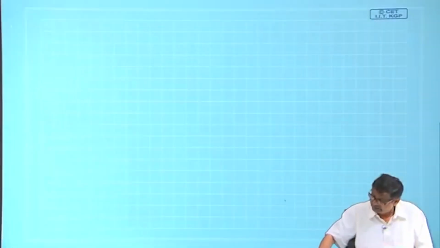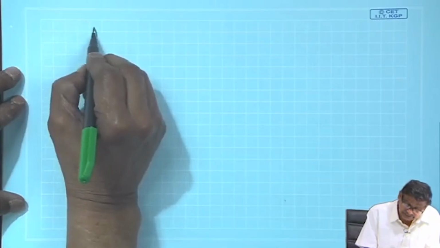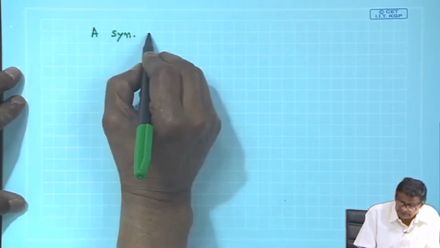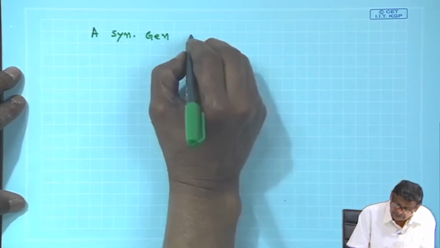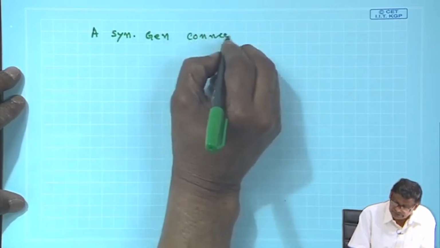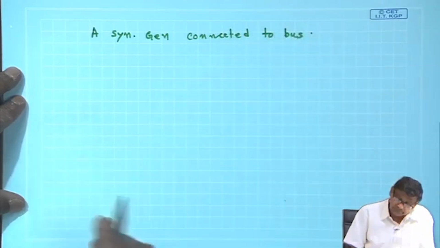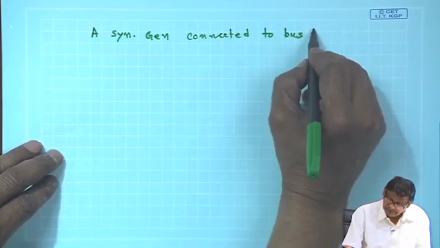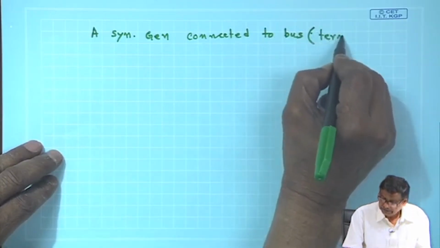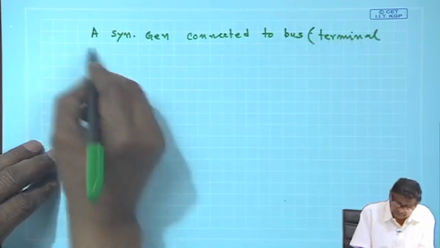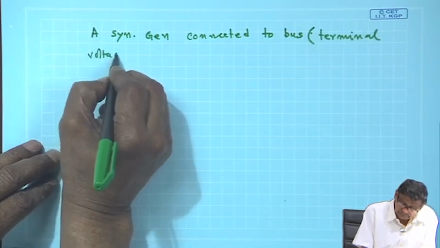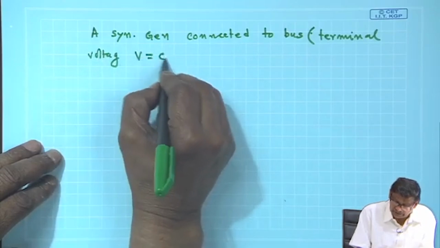Now, whatever time is left, we will consider a synchronous generator connected to an infinite bus. Connected to a bus means the terminal voltage V is constant.